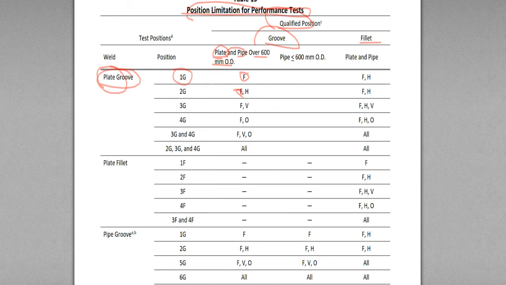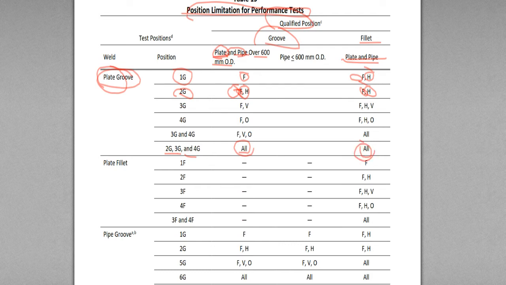And in flat weld, plate and pipe flat and horizontal. If you used 2G in test position, you are qualified for flat and horizontal, and flat weld. Same thing here. If you used 2G, 3G, and 4G in the PQ test position, you are qualified in groove weld all positions and flat weld all positions.